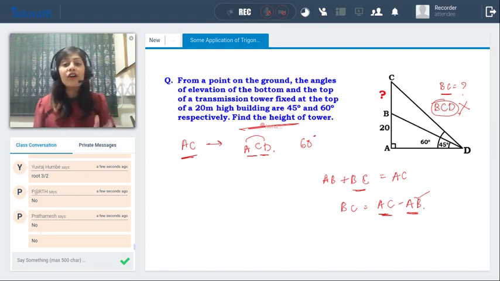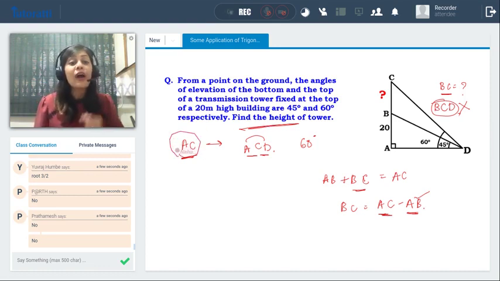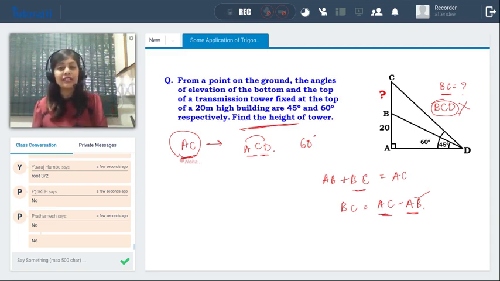That means before finding AC, you have to find an intermediate side. Yes, you have to find something intermediate. Now, remember this till the end of this chapter, students. Whenever you feel that in a triangle you don't have a side, look for the common side between both the triangles.